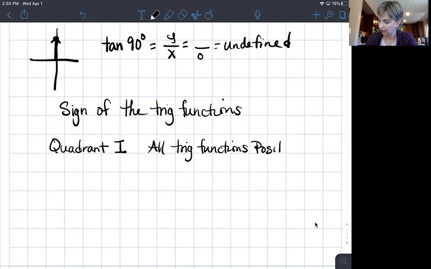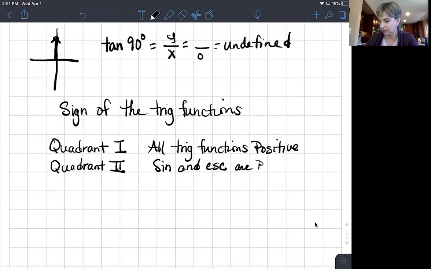In quadrant 1, they're all positive, everything, all 6. In quadrant 2, sine is positive and cosecant, its reciprocal. Just those two. The other four are all negative.